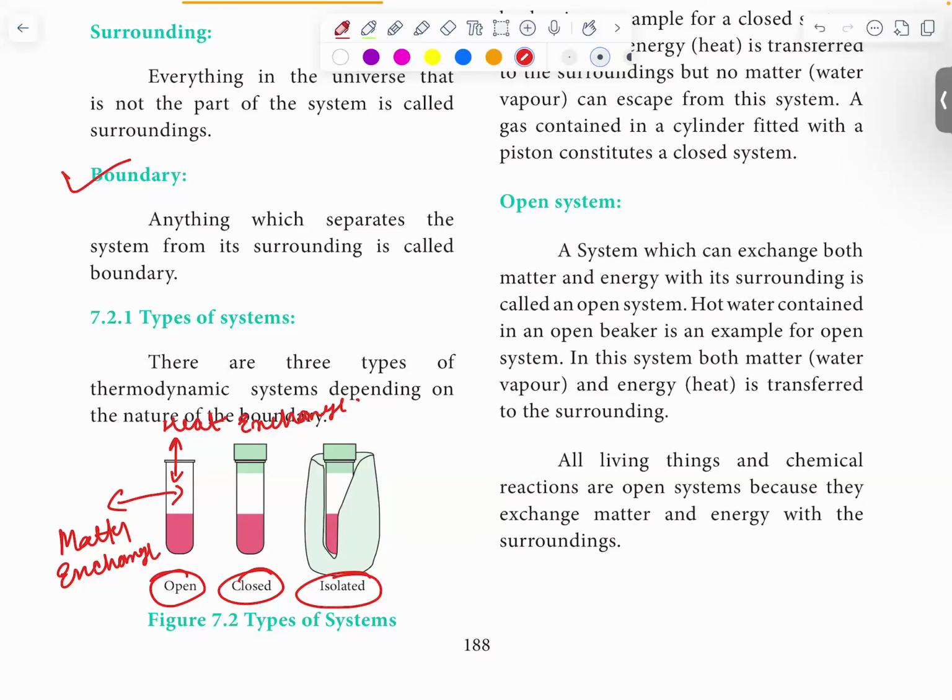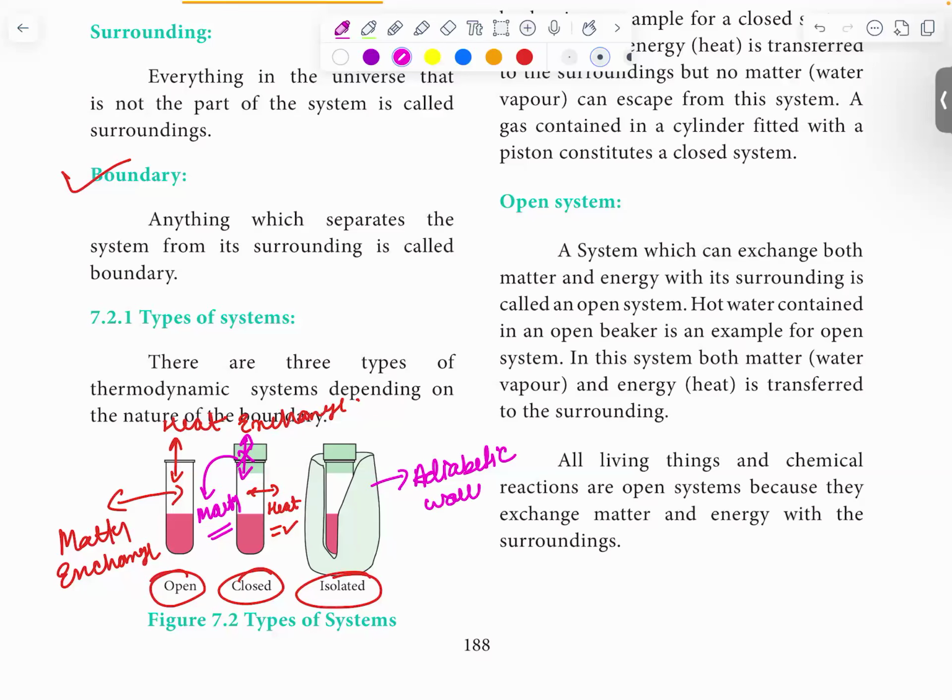If we talk about a closed system, the heat exchange is allowed, but there is no matter exchange allowed between the system and surrounding. I'm making a cross here because no matter exchange is allowed. In an isolated system, this wall that we have kept here is basically an adiabatic wall or adiabatic boundary.